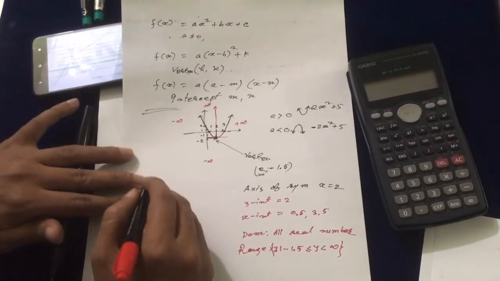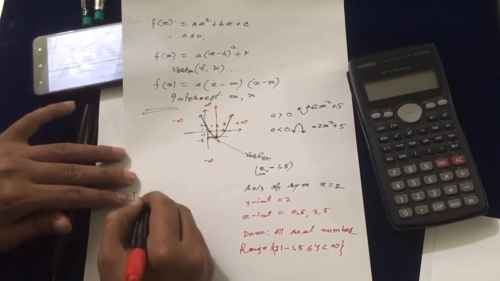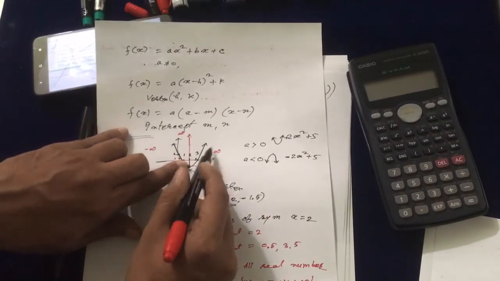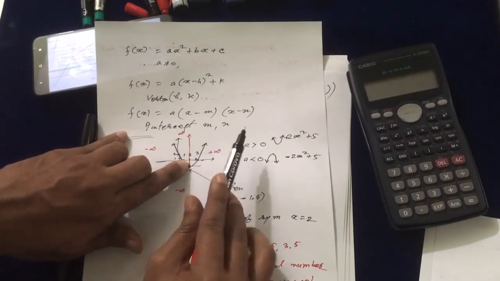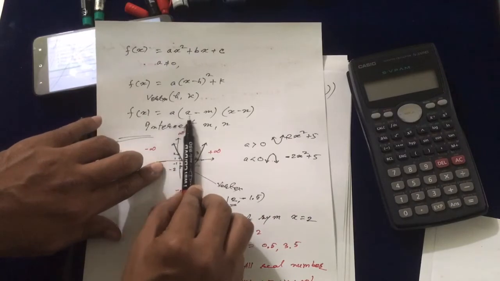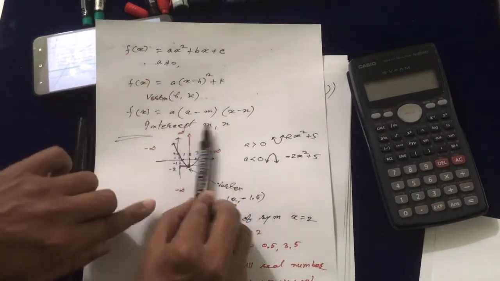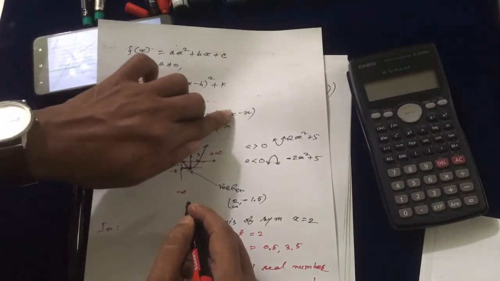Then how can we find out where it is increasing and decreasing? See, after this point, after this vertex, the graph is increasing. How do we know? You just move a pen from left to right. This is the technique. From this point the graph started increasing. So from 2 to plus infinity, the graph is increasing.